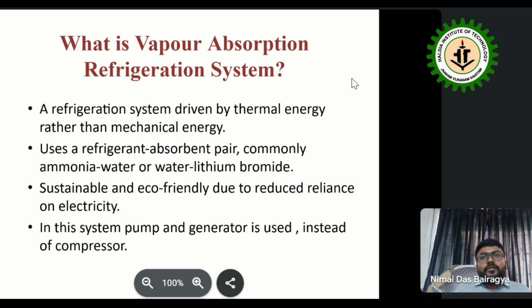In the vapor compression system we use R22 or R32 refrigerant, but here we use an ammonia-water solution or water-lithium bromide solution, that is non-toxic and also environment friendly. So this system is also known as eco-friendly.